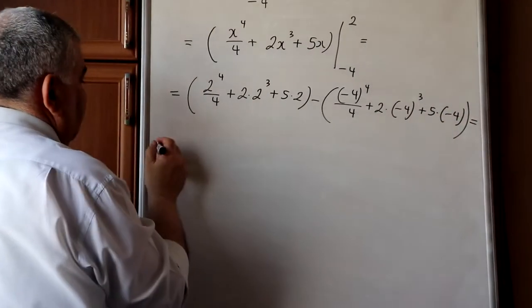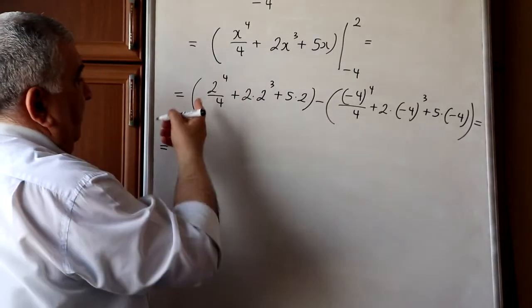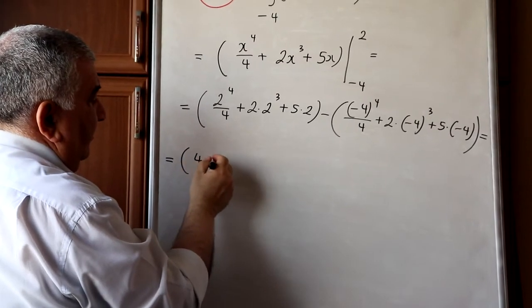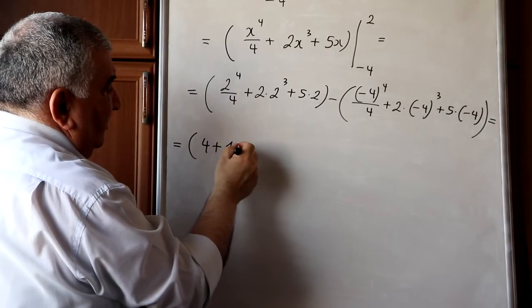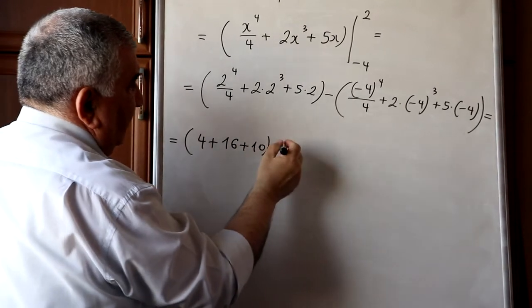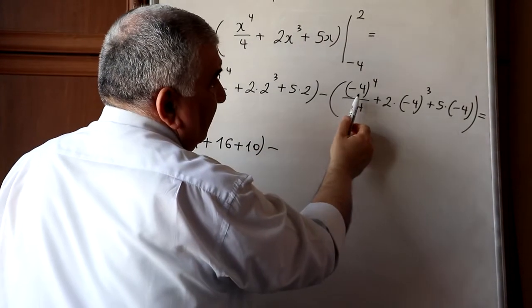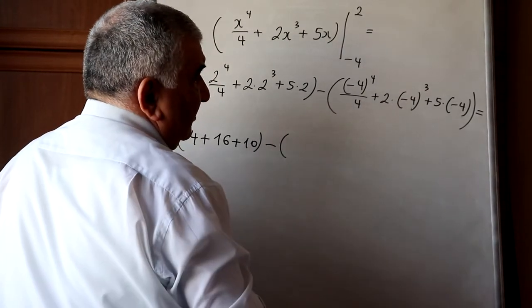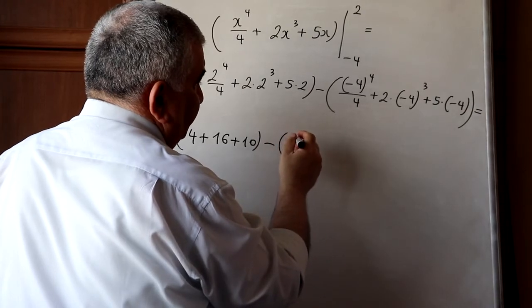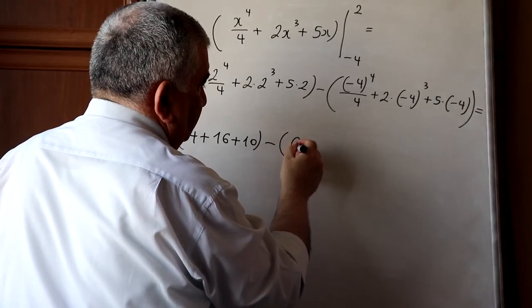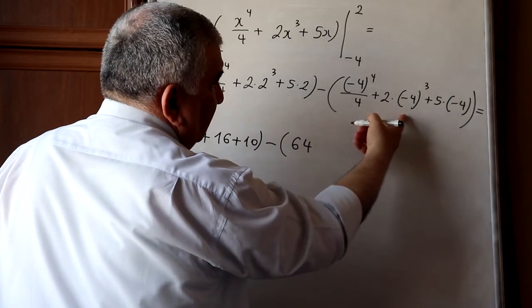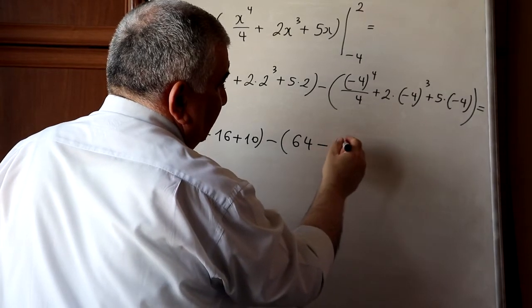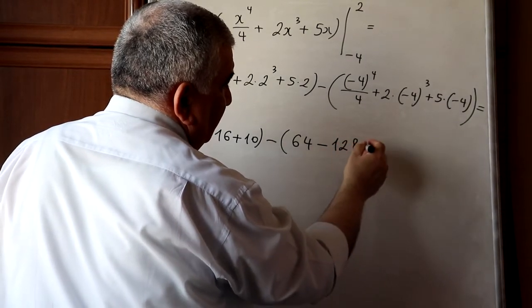equals. It is 16 over 4, which is 4, plus 16 plus 10, then minus 256 over 4, which is 64, minus 64, and minus 128, minus 20.